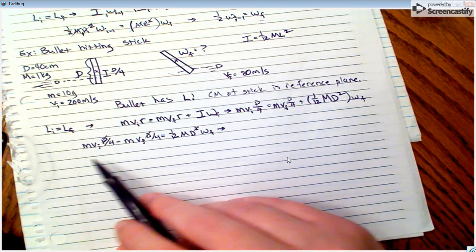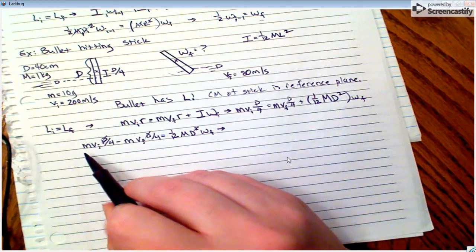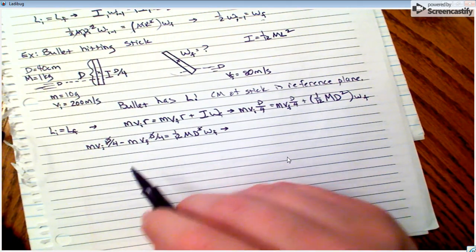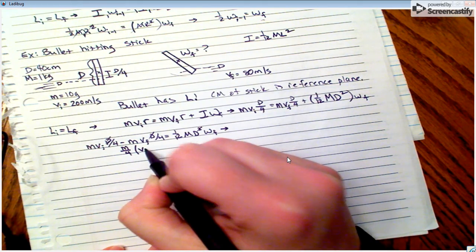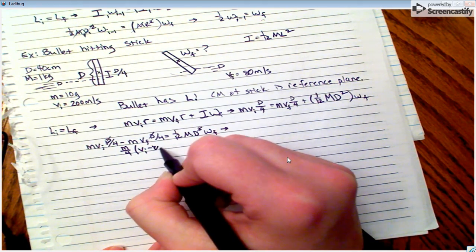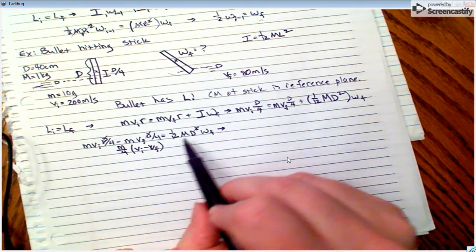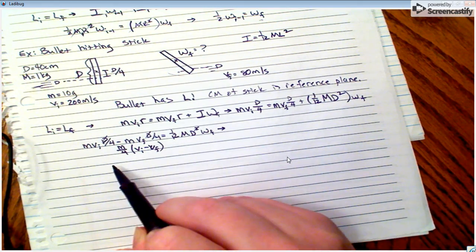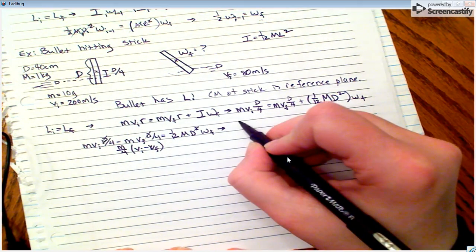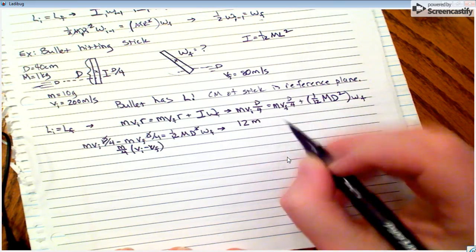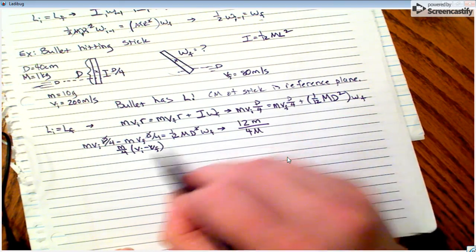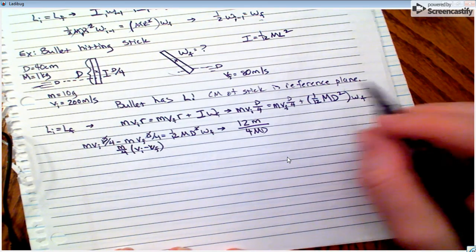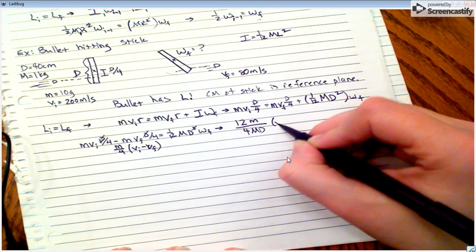I factored out an m, so this is essentially m over 4 times v_i minus v_f. Then I'm going to multiply by 12 and divide by big M. That gives me 12 times little m over 4 big M, and I've got to get that distance over there.